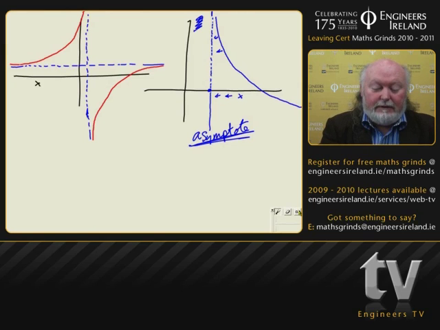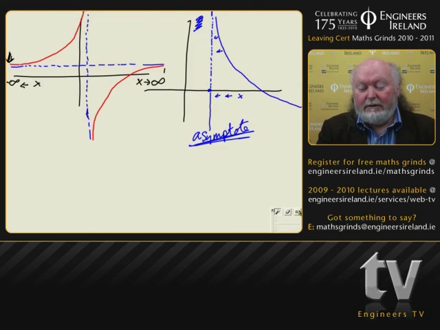As x goes to minus infinity, this function gets closer and closer to the asymptote. As x goes to plus infinity, the function gets closer and closer to the asymptote.